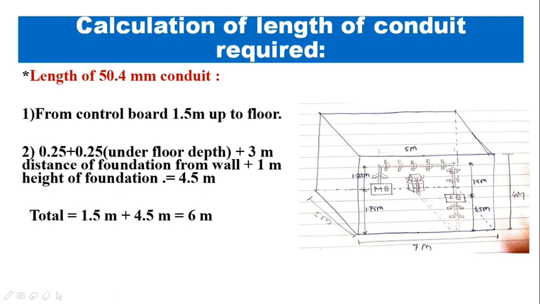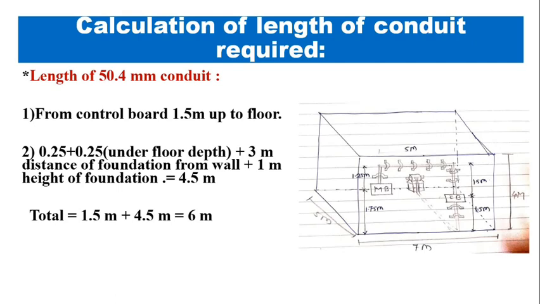So add this 1 meter plus 3 meter plus 0.25 plus 0.25, which is 4.5 meter, and add this to 1.5 meter. So 1.5, 2.5, 0.25 below this 3, then again 0.25 above, then foundation 1. So the total length will be 6 meter.